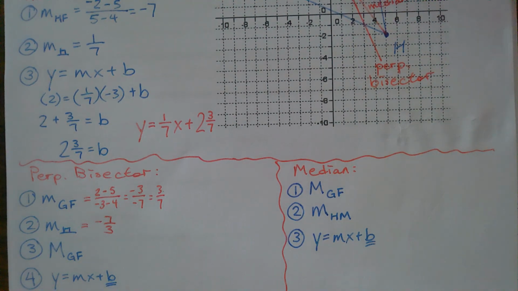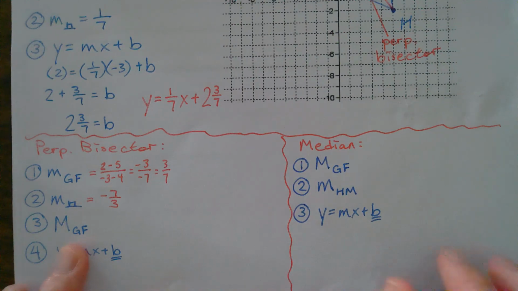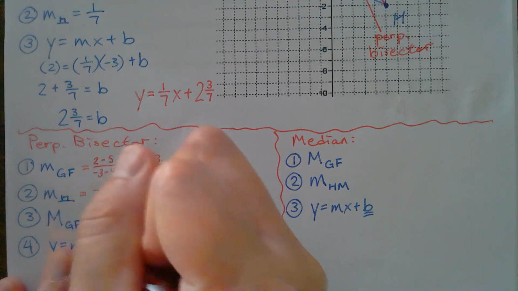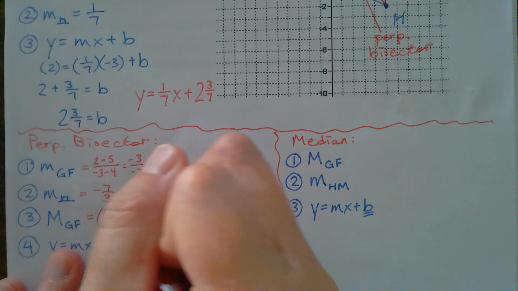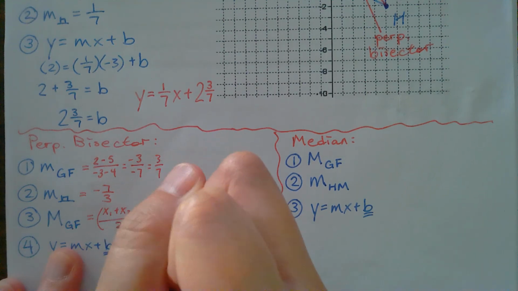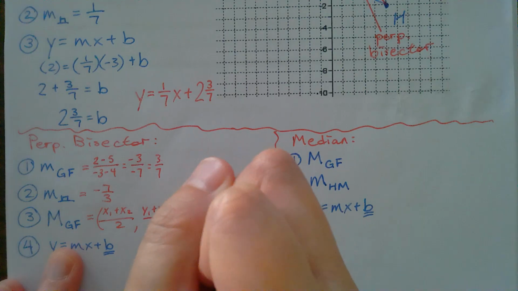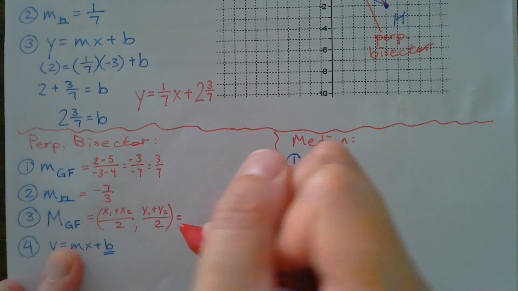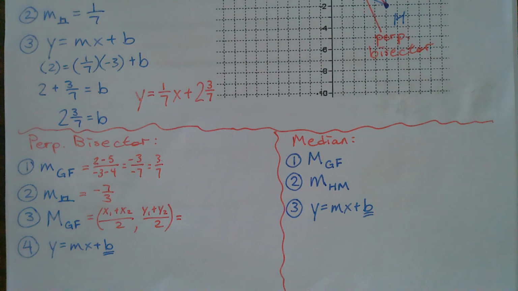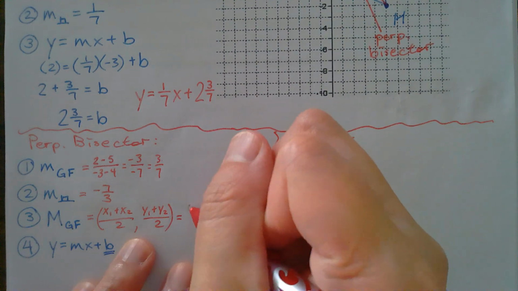Okay. Now to find the midpoint, I need a point on this line, so I have to find the midpoint between G and F. So midpoint formula, remember: x1 plus x2 over 2, comma, y1 plus y2 over 2. Why do I need the comma? Because it's a coordinate, your midpoint. So at the end, your answer should be a point.